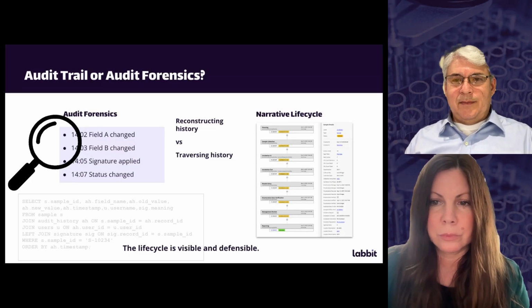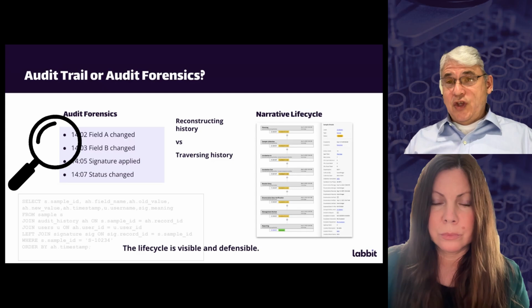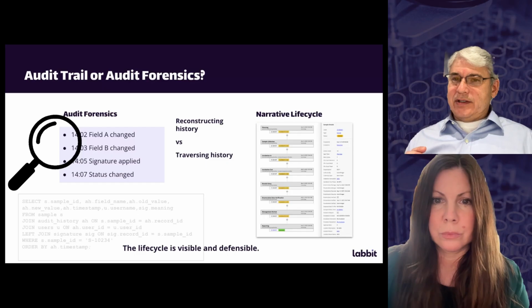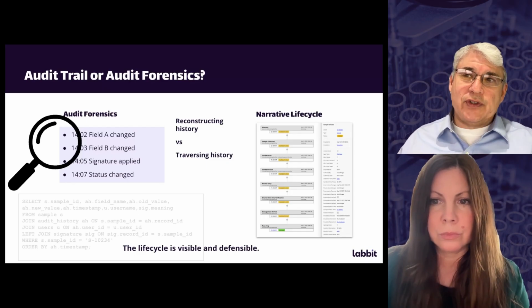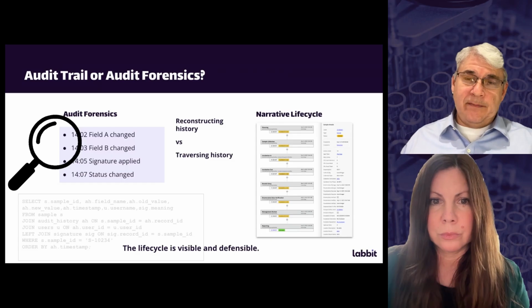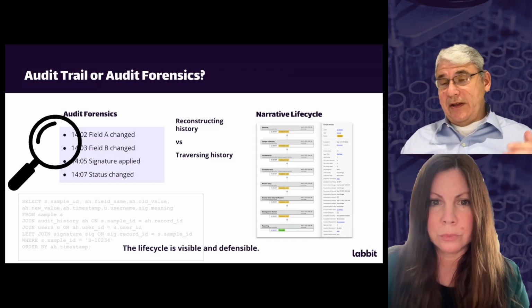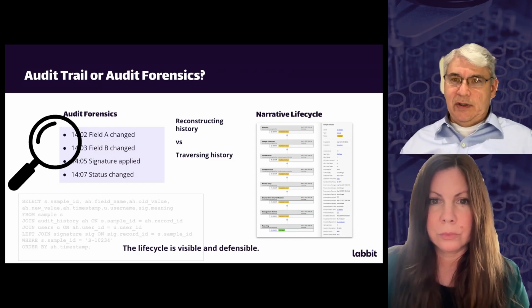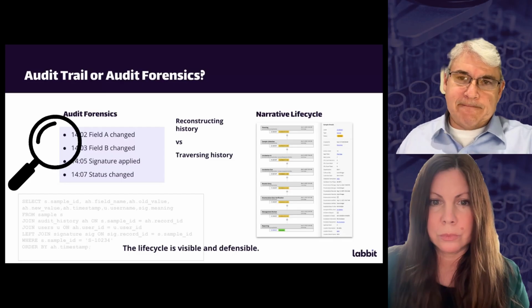You can reconstruct it, but that's what it really is. It's reconstruction. You're looking at fragments over time and trying to pull together a view of what exactly happened over time. The data is all there, but it's a bit of forensics to pull it all together to make sure that you can really show exactly the history. It's powerful to record all that data. That's really useful. But when you need to pull it together to see exactly what happened, you're doing a bit of forensics work to pull it all together.